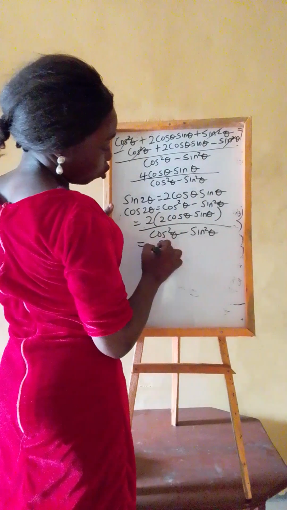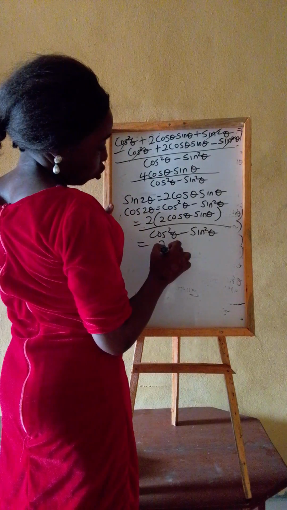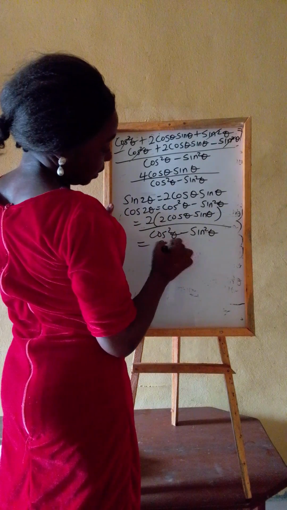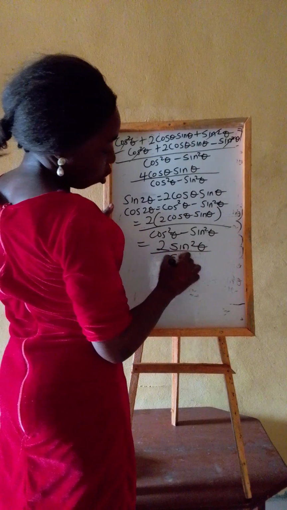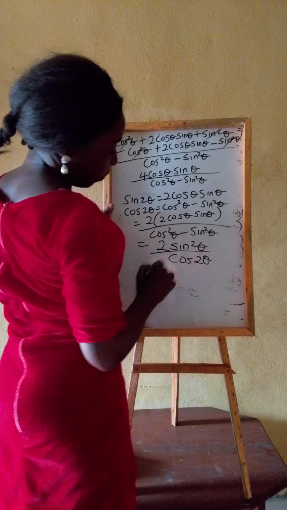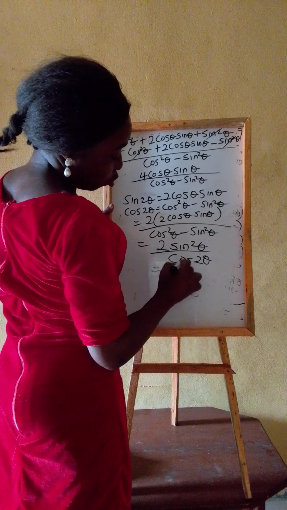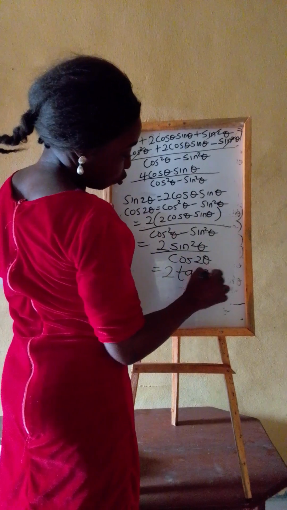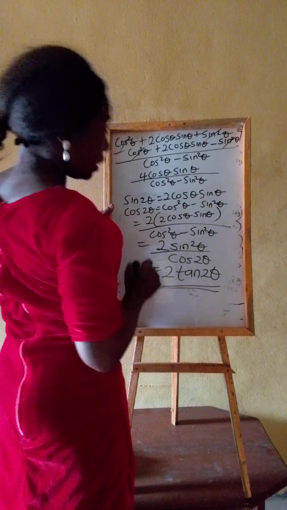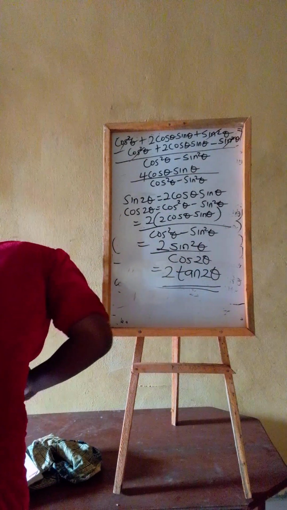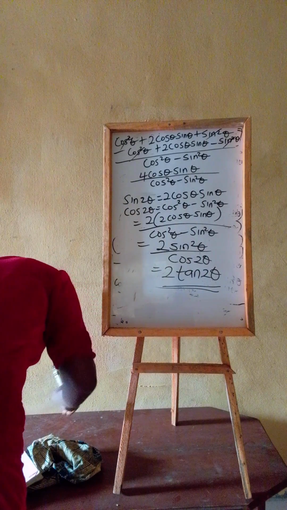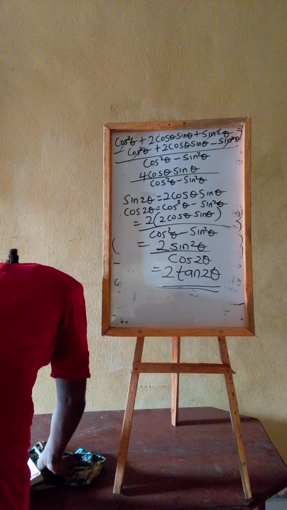So we have 2 sin 2 theta over cos 2 theta. So that gives us 2 tan 2 theta. That is our answer.